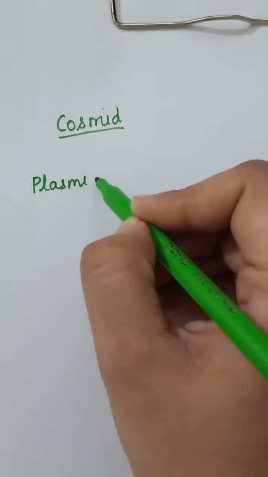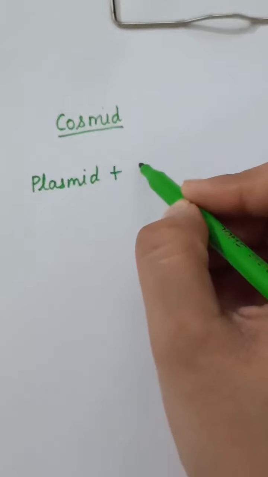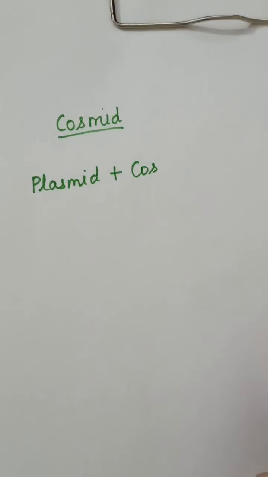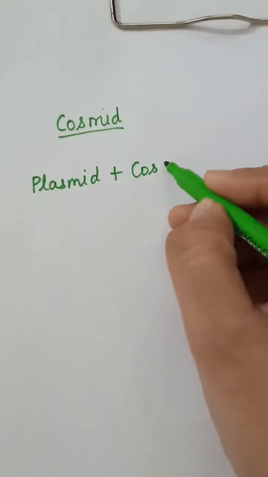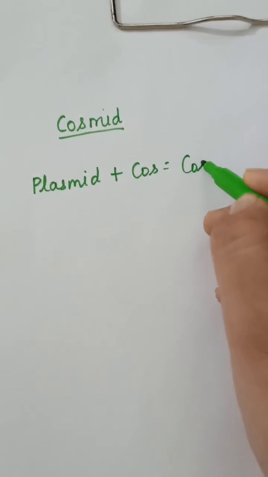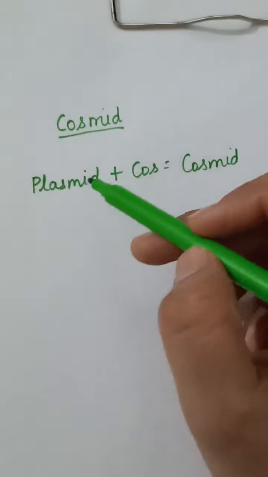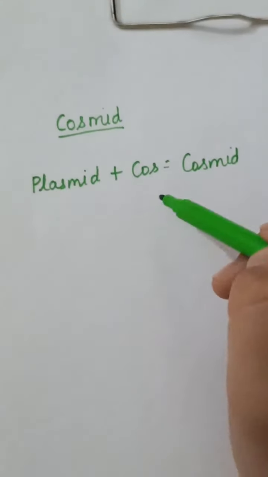plus the cos site of phage lambda. So plasmid plus cos site of phage lambda becomes a cosmid. This is the vector which is constructed by using a plasmid as well as the cos site of phage lambda.